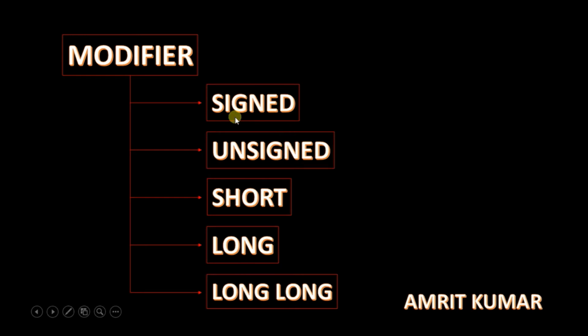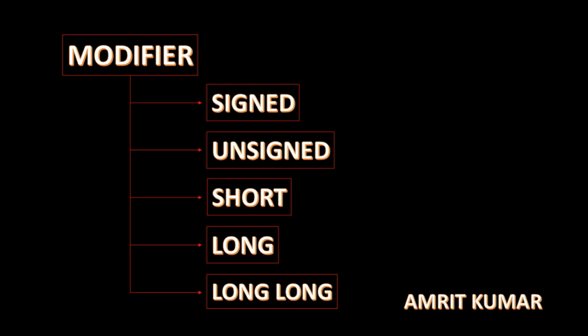Each and every modifier has its uniqueness and its range, and we will learn about the signed, unsigned, short, long, and long long modifiers in depth with the data types.